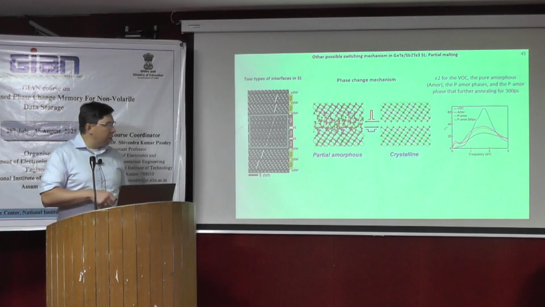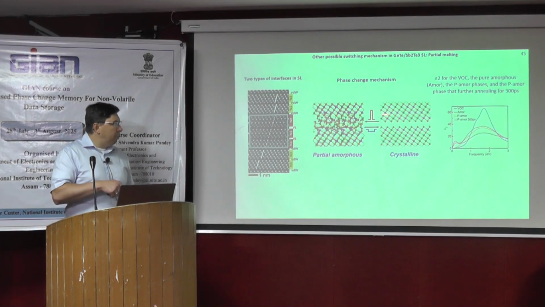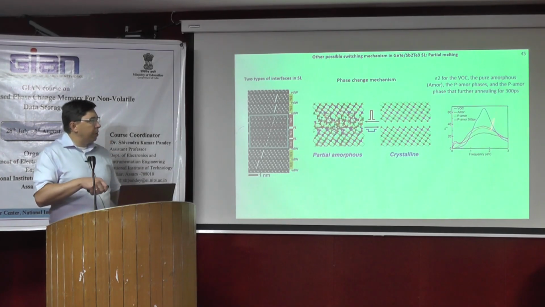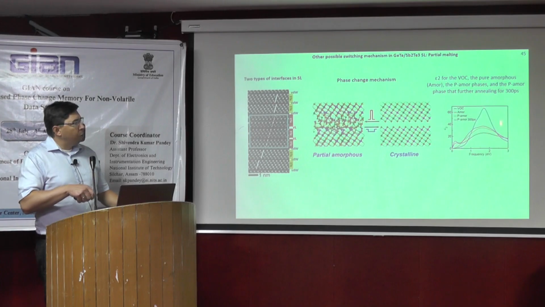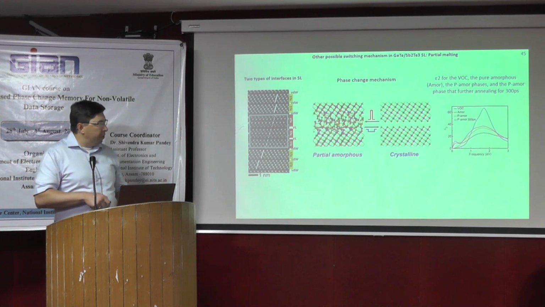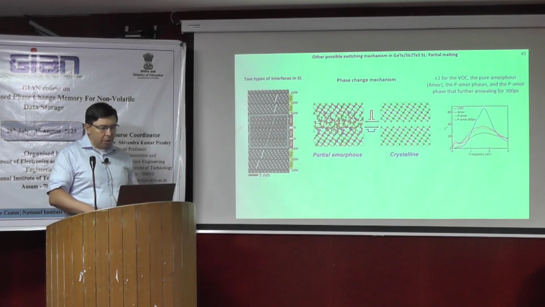If such a process is going on in the system, then you have a change of the conductivity, so there is a reduction, and this is for crystalline. This is higher, this is lower, so it shows the changing of the physical properties of such a system.